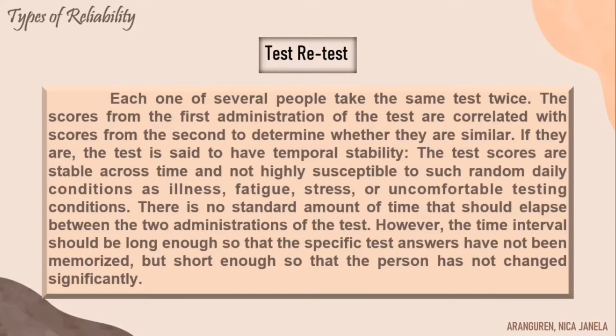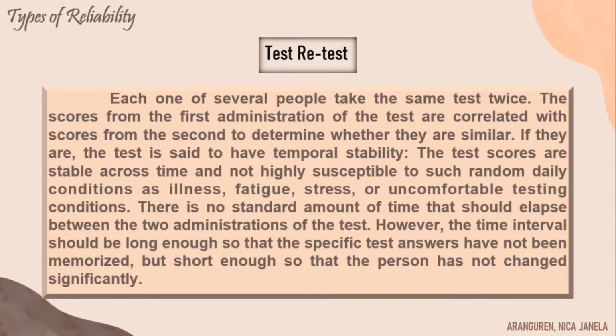So, test-retest reliability. Each one of several people take the same test twice. The scores from the first administration of the test are correlated with scores from the second to determine whether they are similar. If they are, the test is said to have temporal stability. The test scores are stable across time and not highly susceptible to such random daily conditions as illness, fatigue, stress, or uncomfortable testing conditions.